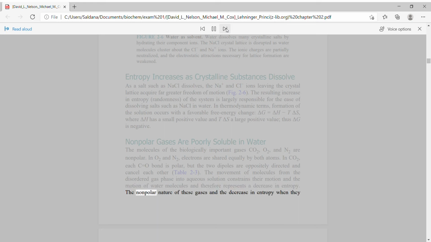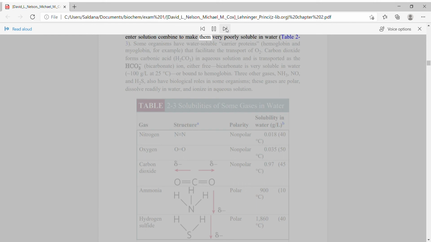The nonpolar nature of these gases and the decrease in entropy when they enter solution combine to make them very poorly soluble in water, Table 2-3. Some organisms have water-soluble carrier proteins, hemoglobin and myoglobin, for example, that facilitate the transport of O2.